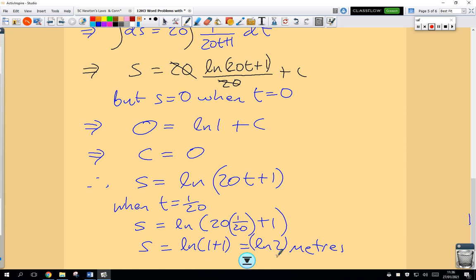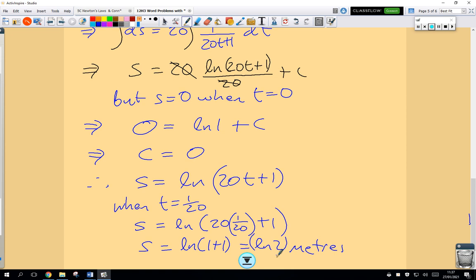In the first video, we just found a relation between s and v very quickly, and we were able to solve that much more efficiently.